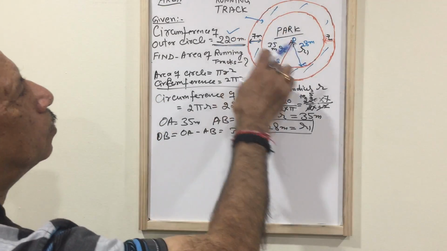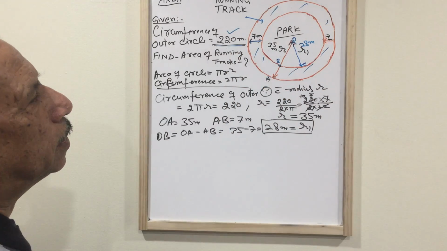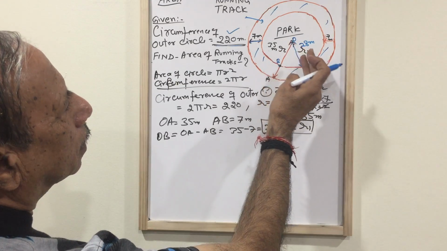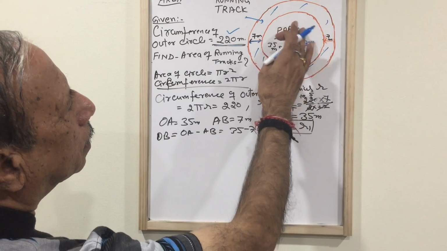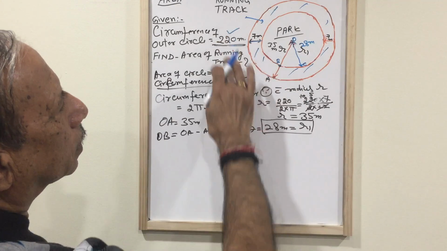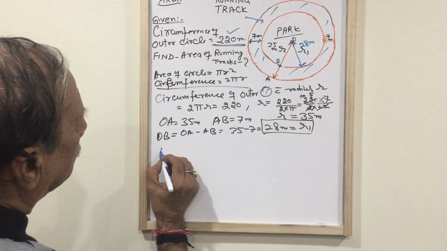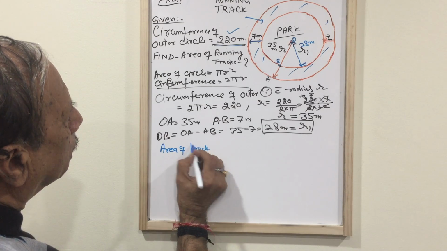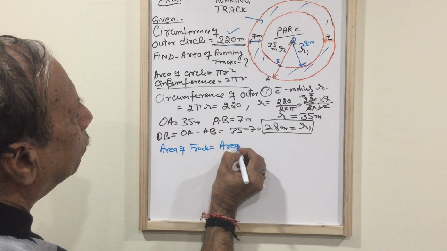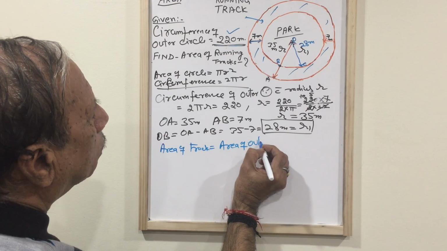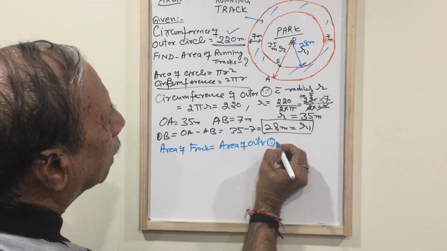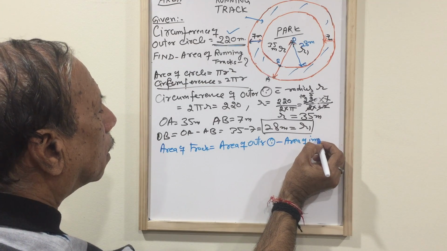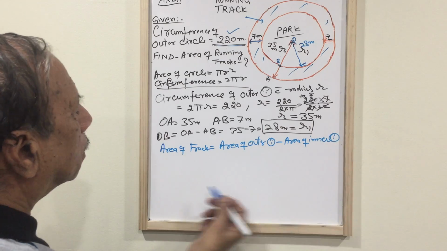So in order to get the area of the running track, we have to subtract the area of the inner circle from the area of the outer circle. So now area of track is equal to area of outer circle minus area of inner circle.